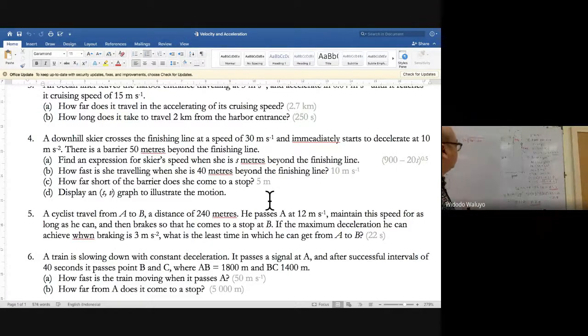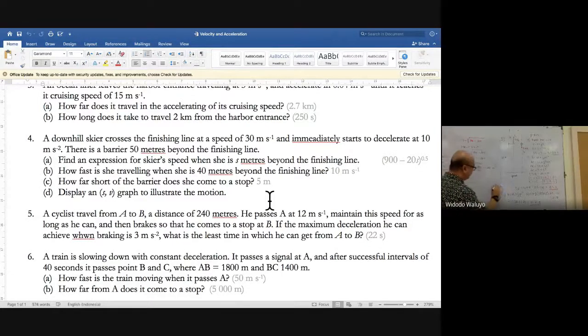Kalau kita sampai dengan dia stop, V is 0, so 0 equals to 900 minus 20s, or 2s equals to 900 divided by 20, this is 45 meter.